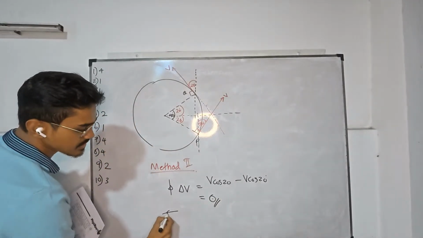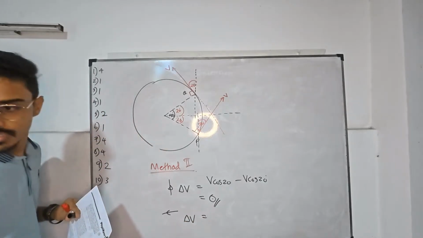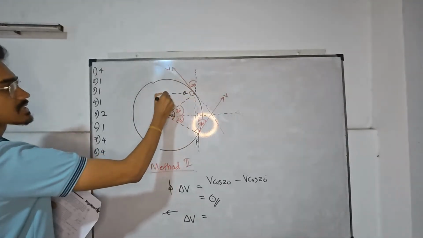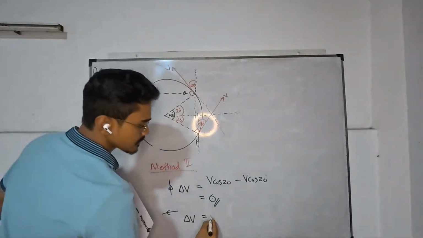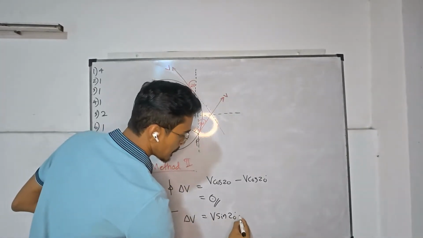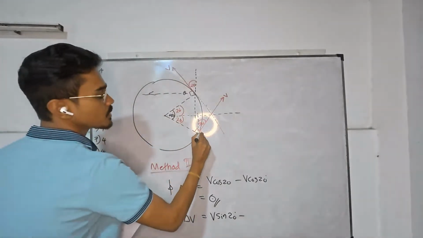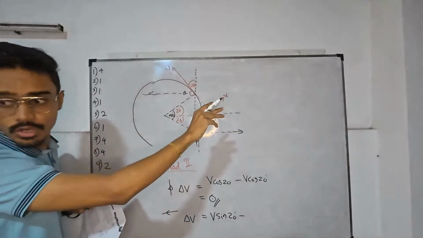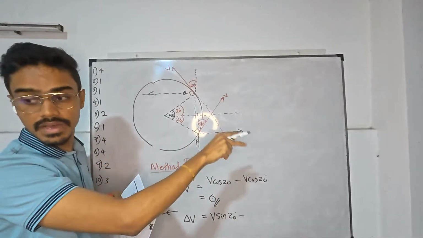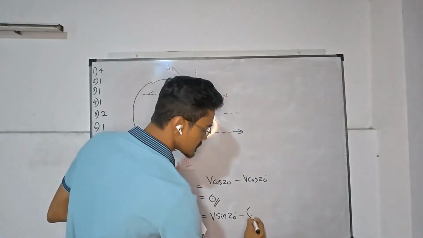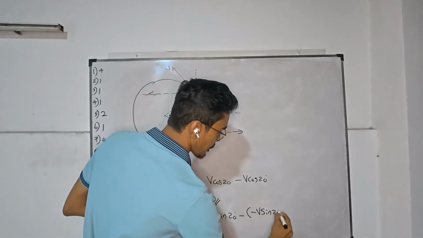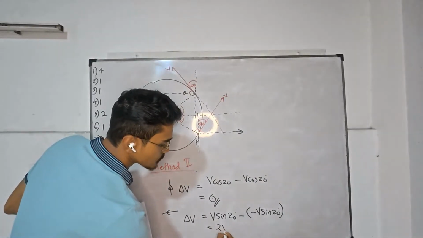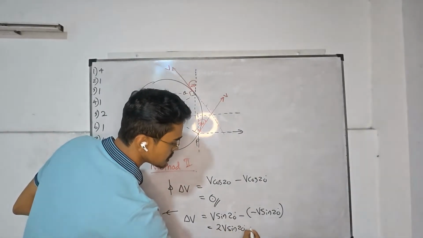Horizontal delta V equals the final component, V sin 20, acting along this direction, minus the initial component, which acts towards this side. That is also V sin 20, but opposite, so that is minus V sin 20. Simplify this, that is 2V sin 20.